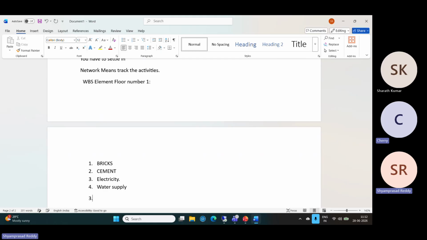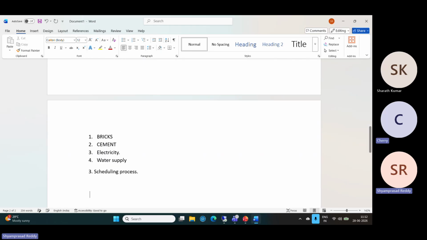Third one is the scheduling process. For the WBS element floor number one, how many days will the construction take for bricks?